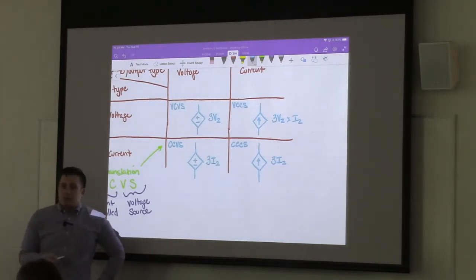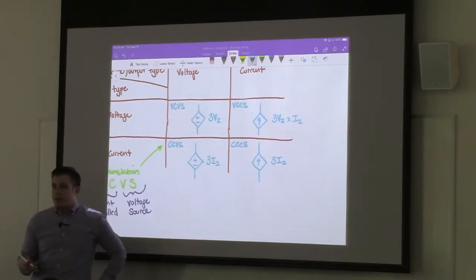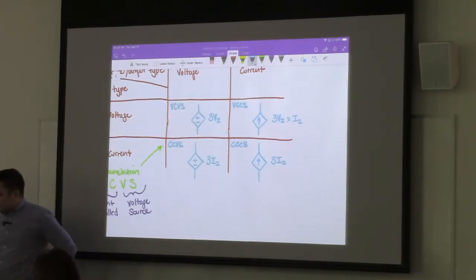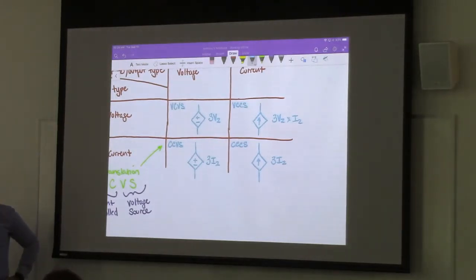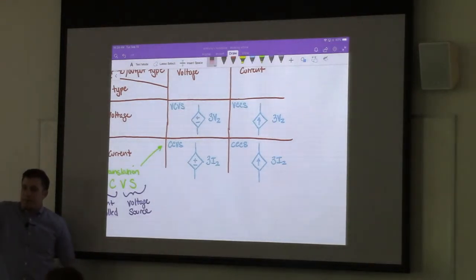A current-controlled current source represents a current mirror. Okay, there are different devices that actually mimic this type of behavior. When you add two different inputs, it might be something you could see in a homework problem, but for all our intents, we're going to ignore that situation.